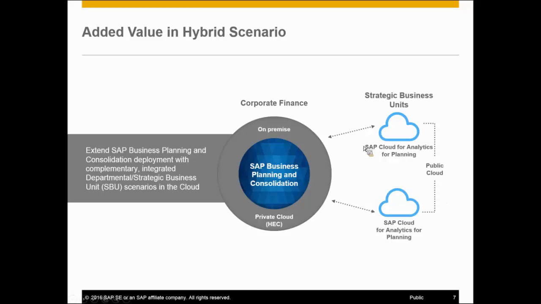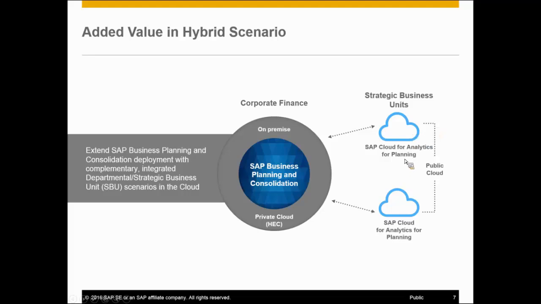But nevertheless, you can create a model automatically based on BPC. You can get data from BPC into SAP Cloud for Analytics for Planning. For example, you can get the product master data and transactional data, and over here you can extend the product planning.